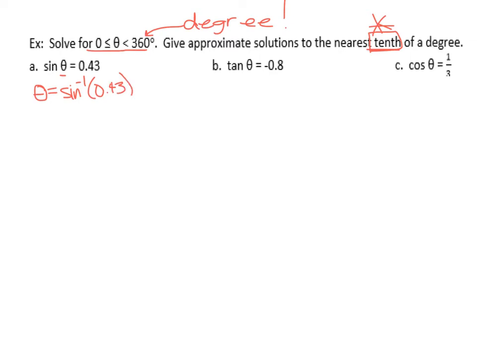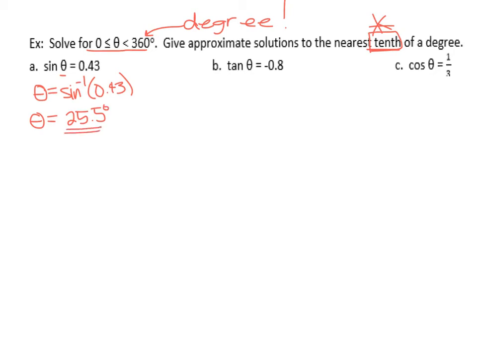That's how you would write it out. And then on your calculator, you'll have to hit the second or shift function, and then right above the sine button, there's a sine with a -1. That's your inverse. If you type that in and press enter, you should get a degree measure of approximately 25.5 degrees to the nearest tenth.